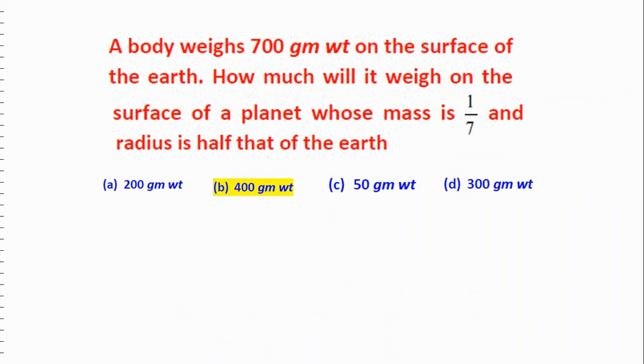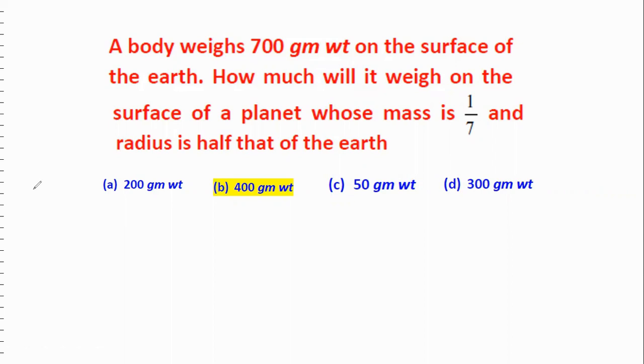How much will it weigh on the surface of a planet whose mass is 1/7 of the mass of the earth and whose radius is half of the radius of the earth? That we have to take.